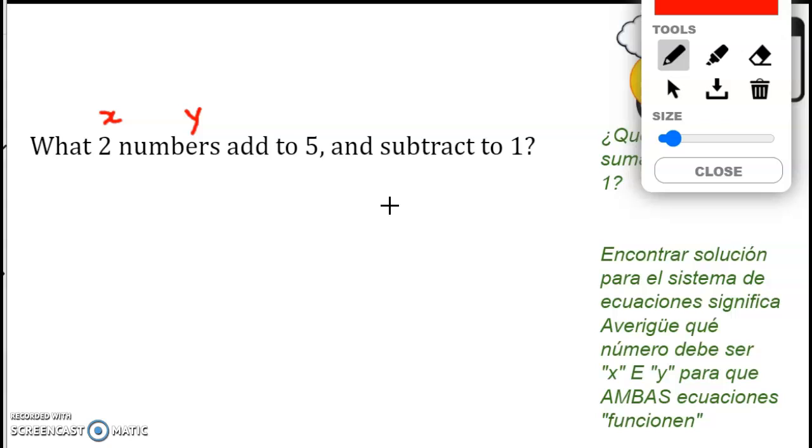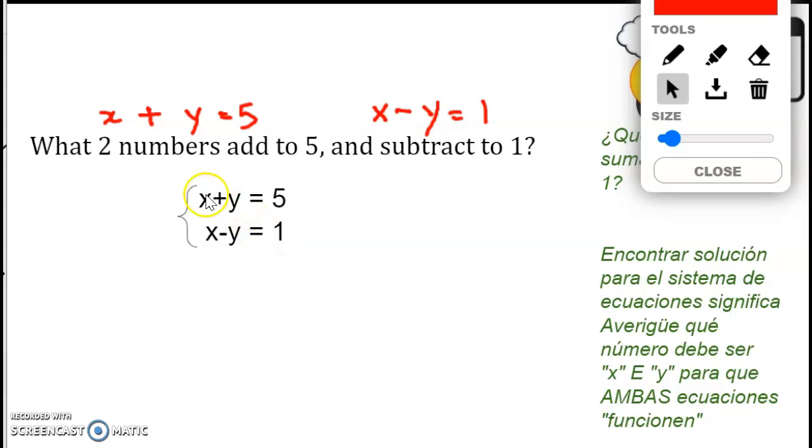Add to makes me think of addition: they are adding to 5, but the two numbers subtract to 1. Try to translate this literally. That's going to be helpful for you. Then we are left with these two equations.